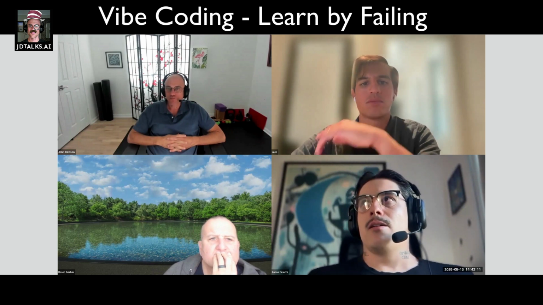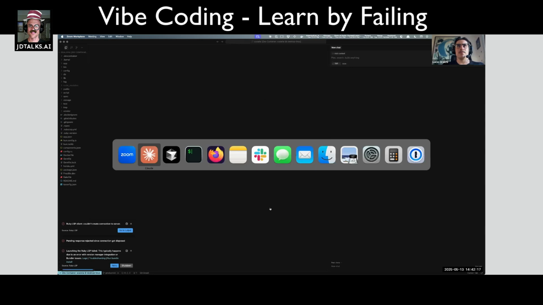I need to use Cursor. I need larger context windows so the model can understand the whole context of my application. So that's why I use Cursor every day. That's the best tool for me and for my job.